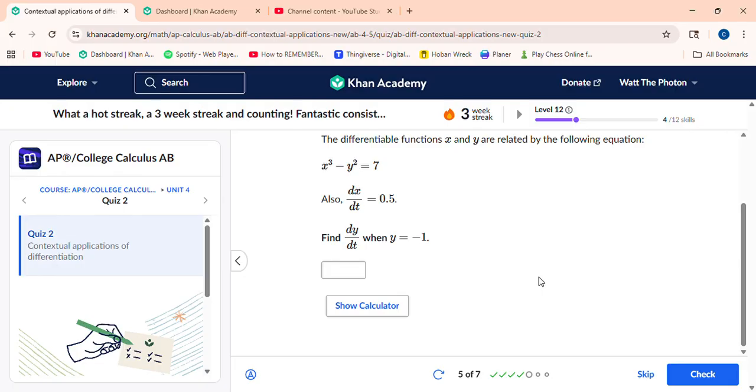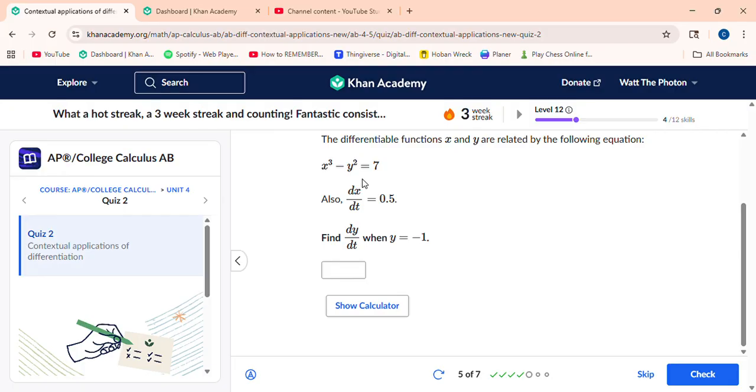So to find dy, we put this negative 1 into this equation. Negative 1 times negative 1 is just 1. So x cubed minus 1 equals 7. We get 8 equals x cubed, x equals 2.